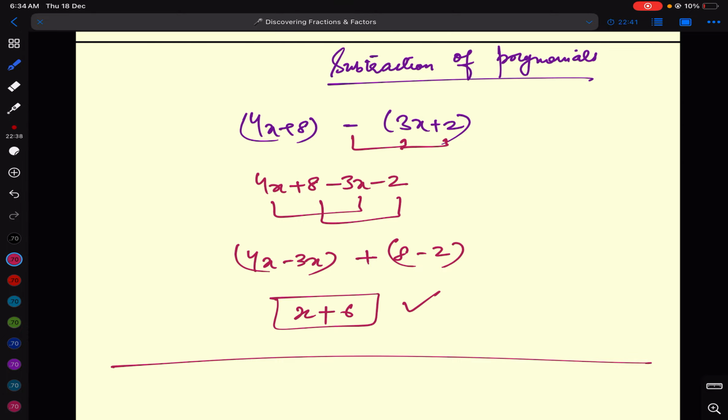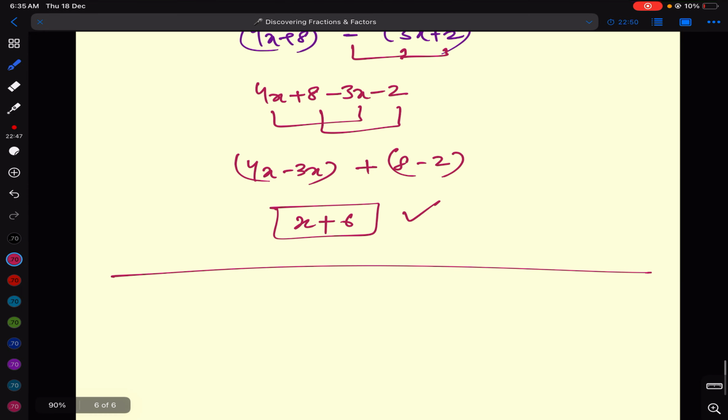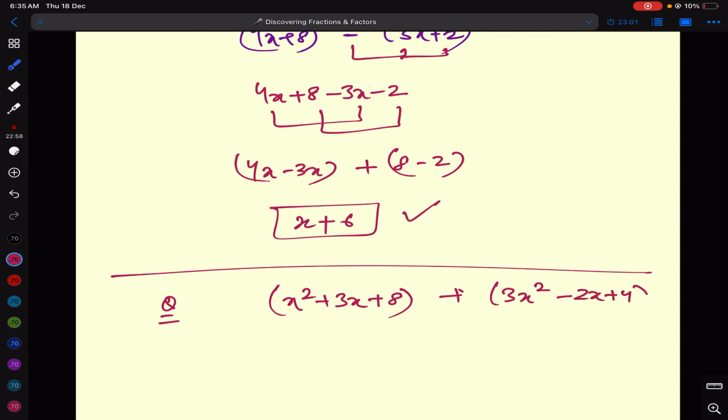So the next example that we have here is x squared plus 3x plus 8. This is your first polynomial, and the other one is 3x squared minus 2x plus 4.